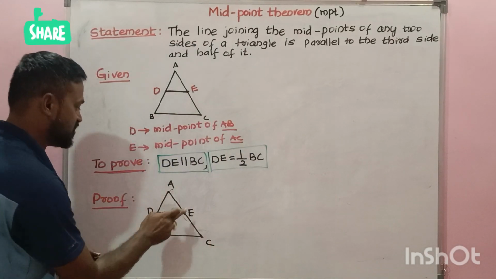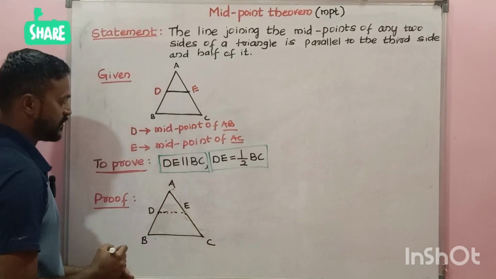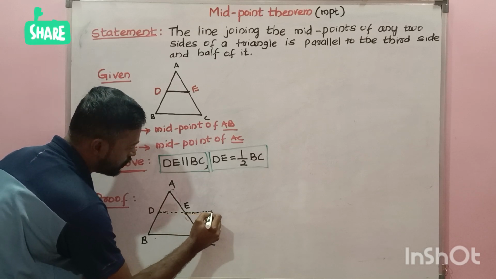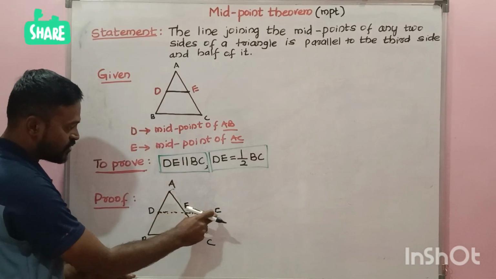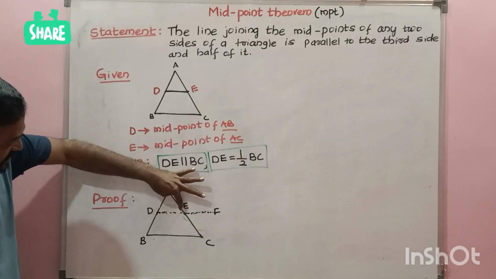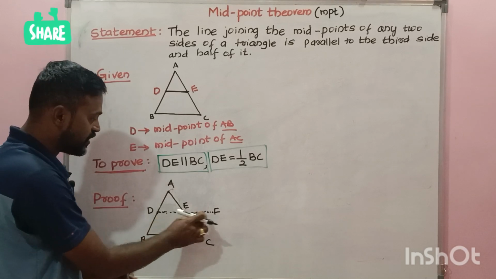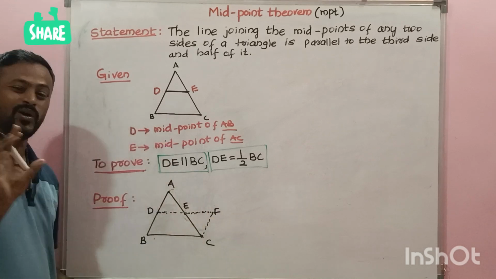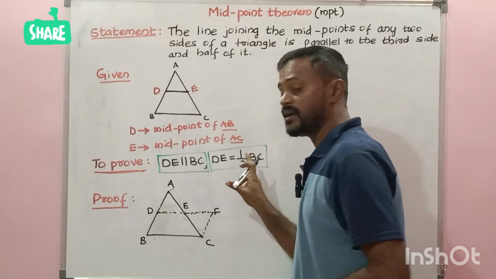Here we have some constructions. Extend DE up to F such that DE is equal to EF. Already there was a DE, and we extend it up to F so that the length of DE is equal to the length of EF. Now join FC. This is a small construction we need to follow to prove that DE is parallel to BC and DE is half of BC.